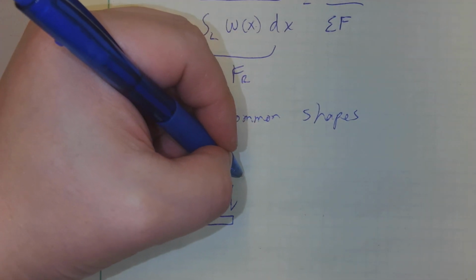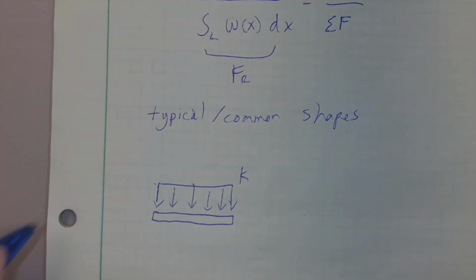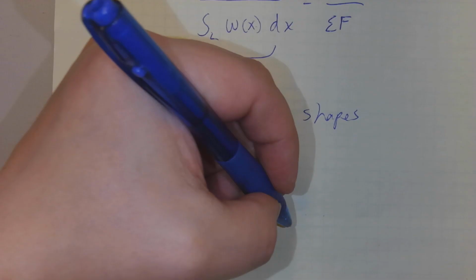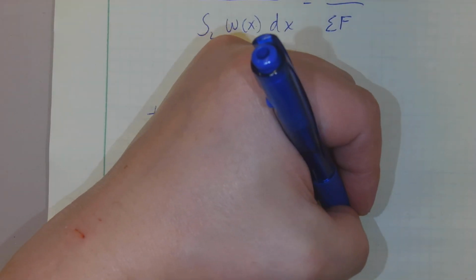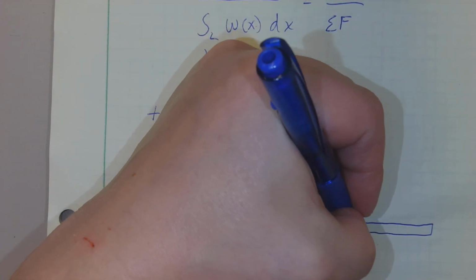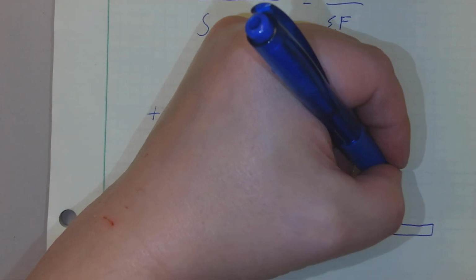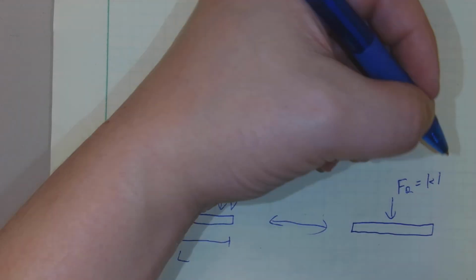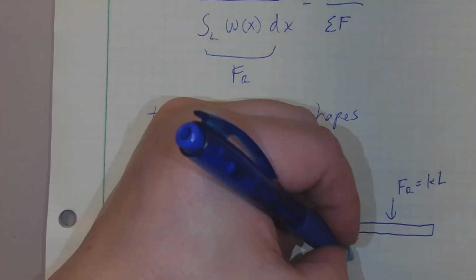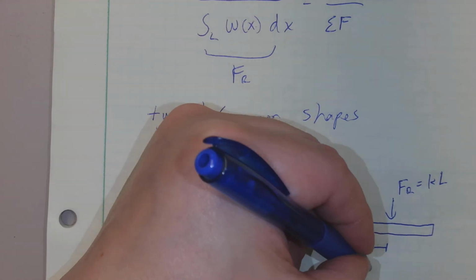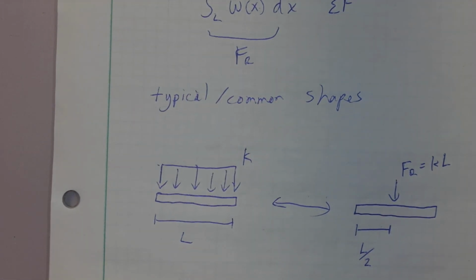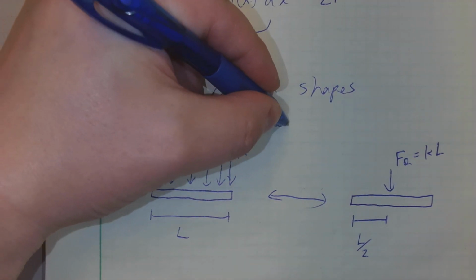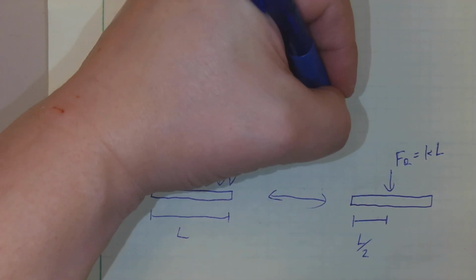All right, so this is just some constant, we'll say K, over some length L, and its equivalent resultant force is going to equal whatever that constant is times length L, and we're going to locate it at L over 2. These are your rectangular loads.